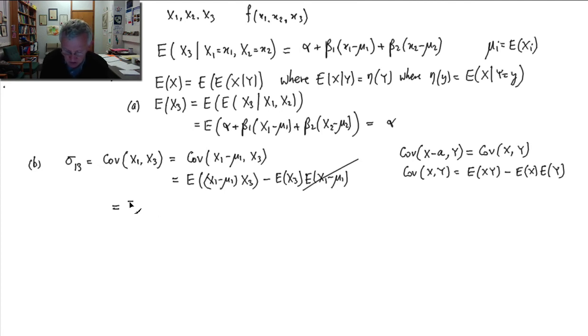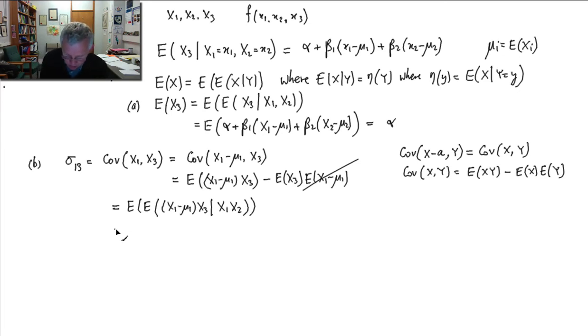So I'm going to write this as the expected value of the expected value of x1 minus mu1 times x3 conditional on x1 and x2. That's really just using this rule in this sort of context where you're conditioning on two random variables.